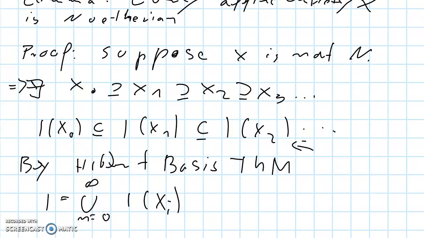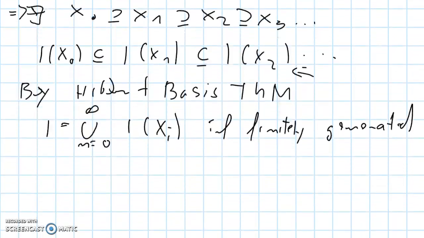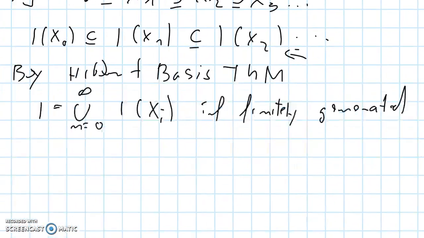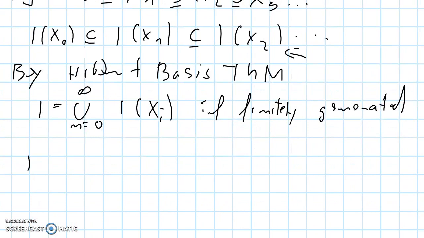And now the Hilbert basis theorem tells us that this ideal is finitely generated. So we have a finite set of generators, so we can write I as generated by polynomials f1 to fn.